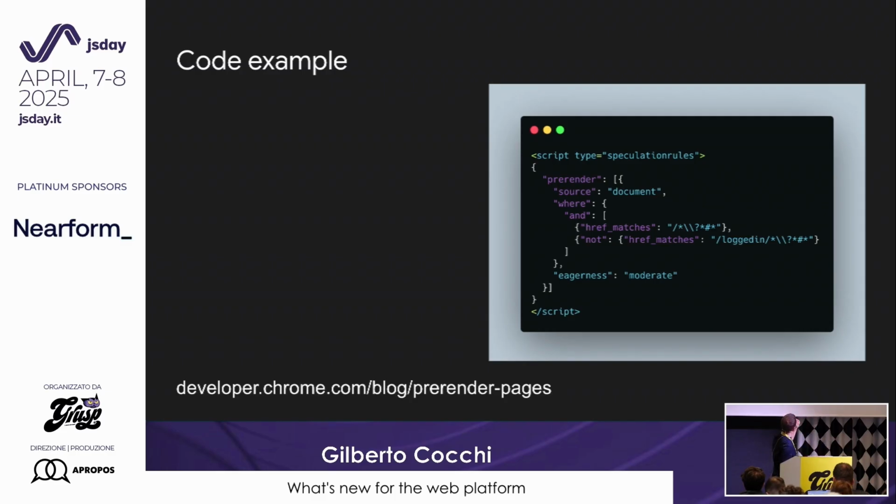So what this code is doing is saying, hey browser, if I have links, but please not the login link, pre-render them. So load it into a hidden tab. And if a user clicks on it, the load will be super fast. And eagerness moderate means do it only when the user is hovering for at least 200 milliseconds, in order not to do it for nothing.